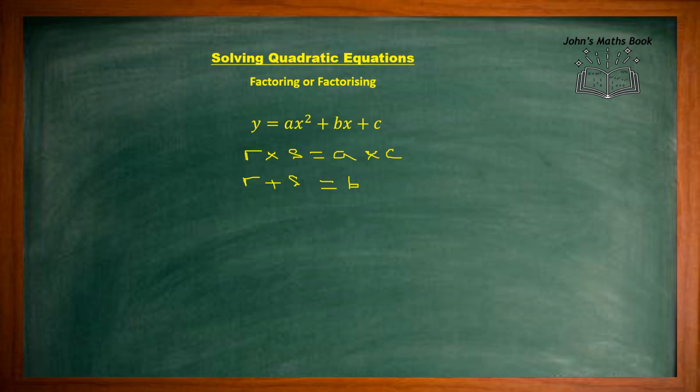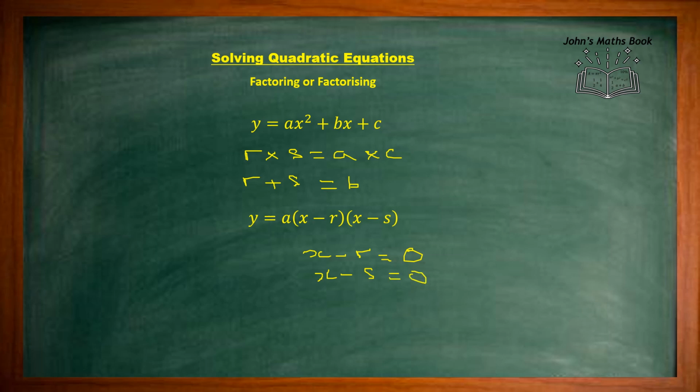When factoring, we convert the quadratic from standard form into the form shown here. So y is equal to a into x minus r multiplied by x minus s. Now we can use this to find the roots of the quadratic by solving the two equations x minus r equals 0 and x minus s equals 0.